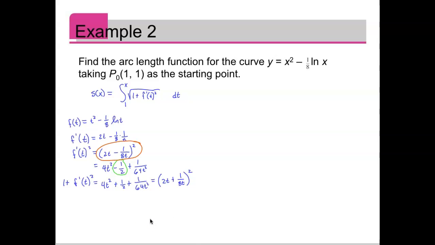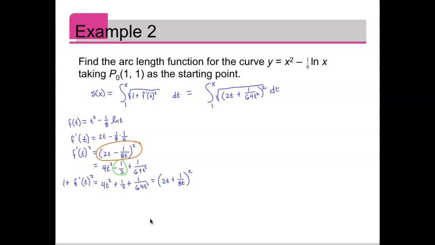The reason that's good news is because we're going to have to plug all that into this integral. So it becomes the integral from 1 to x of the square root of 2t plus 1 over 8t, quantity squared, dt.